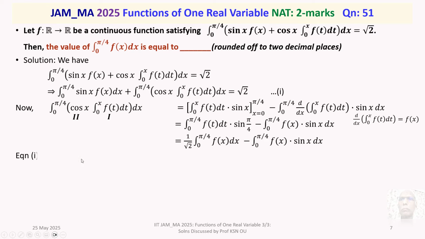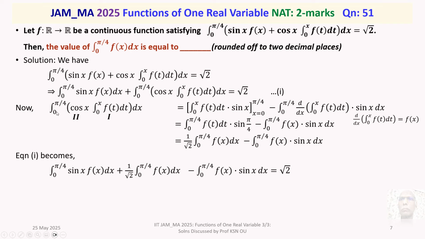Equation 1 becomes integral 0 to pi by 4 sin x f of x dx plus, for the second one, which we have integrated here, 1 by root 2 integral 0 to pi by 4 f of x dx minus integral 0 to pi by 4 f of x sin x dx.